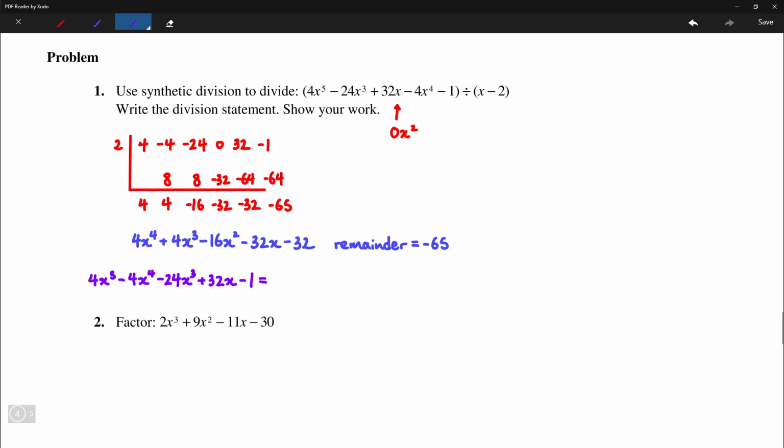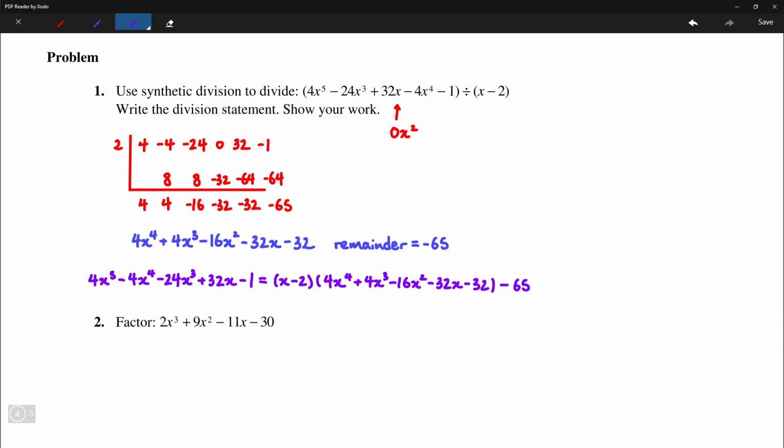And that's equal to the divisor, so x minus 2 in this case, multiplied by the quotient of 4x to the 4th power plus 4x cubed minus 16x squared minus 32x minus 32, and then plus the remainder of, or subtract the remainder 65.